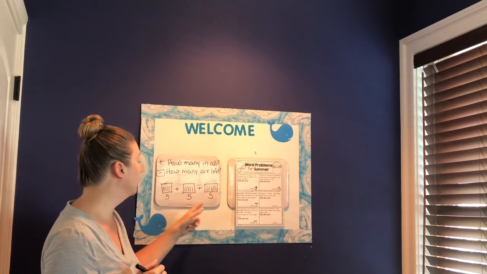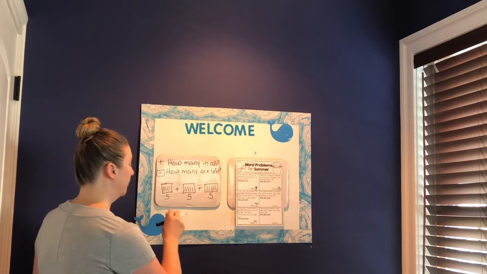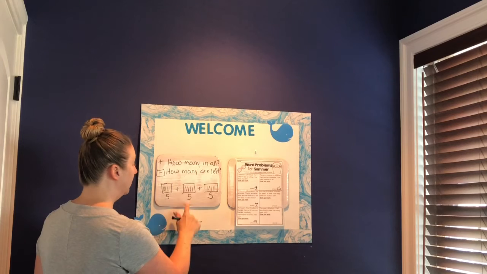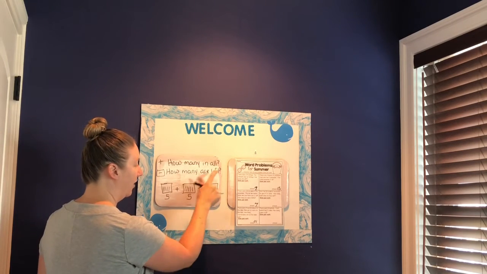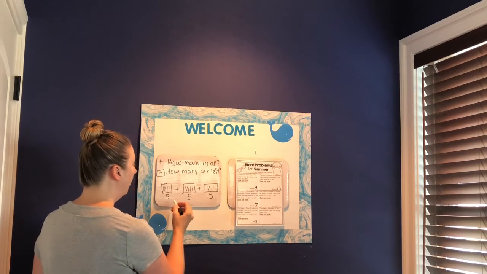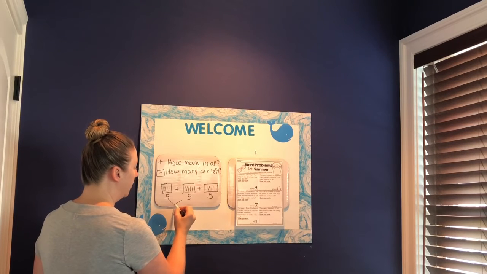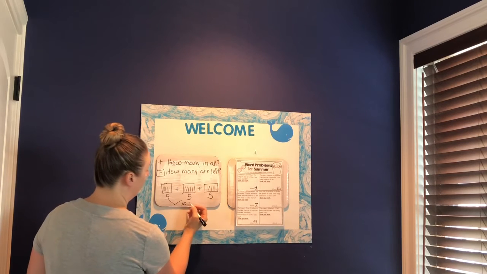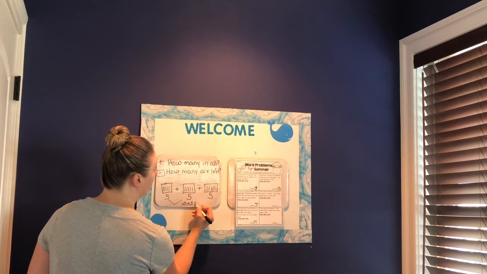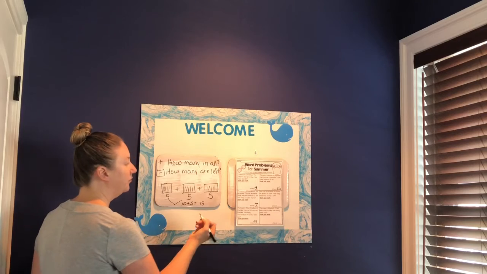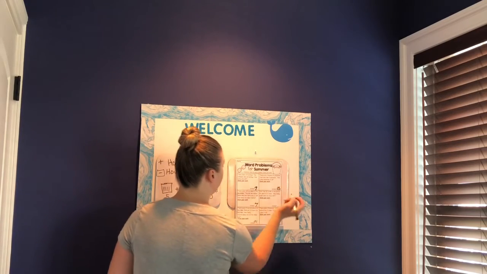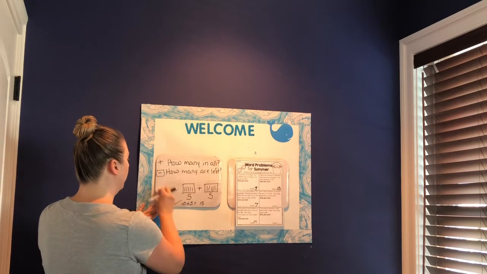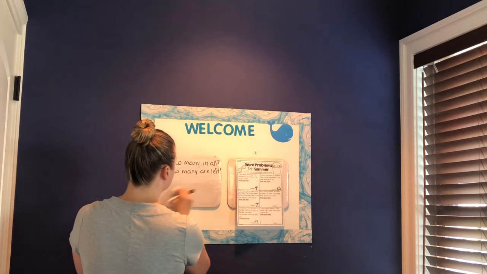This is going to be an addition problem of 3 numbers. You could count by 5s: 5, 10, 15. There are 15 popsicles in all. Or you could add your first 2 numbers, 5 plus 5 gives us 10, and then your last number, 10 plus 5, gives us 15. So there are 15 popsicles in all. So drawing a picture is one way to do your addition word problems.